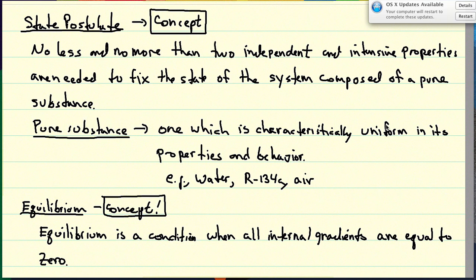Another way to interpret this: if I were actually in class right now and I asked you all to provide a definition for equilibrium, I can probably promise you that one of you would say balance.